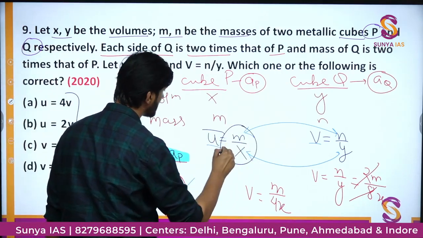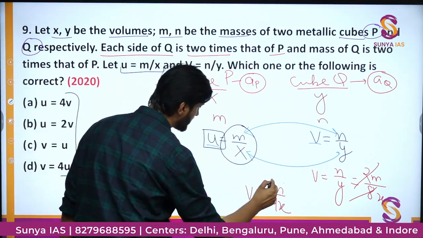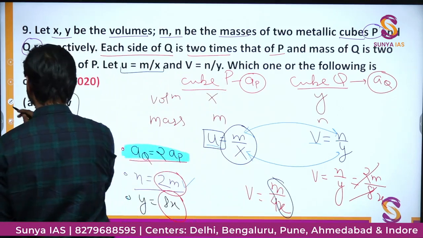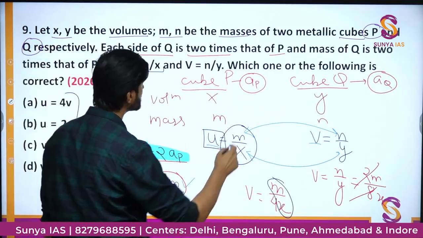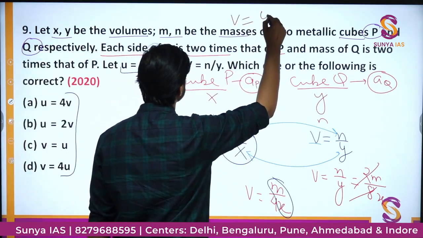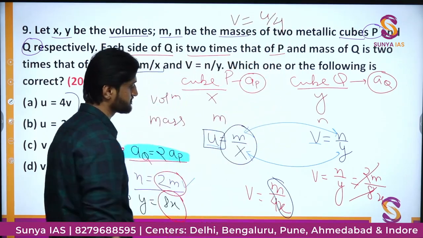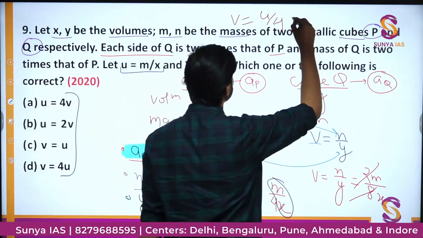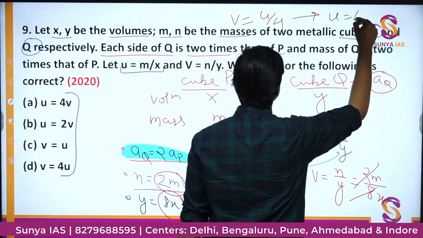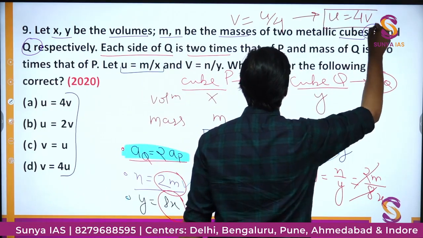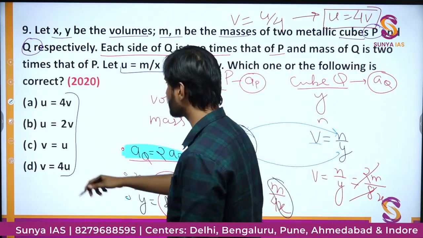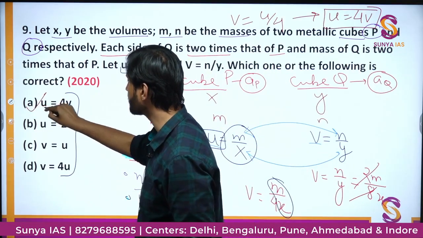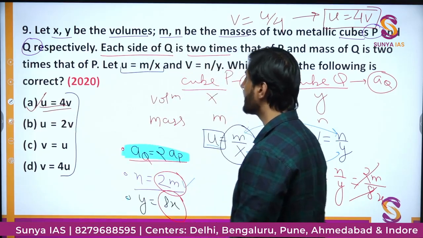It is nothing but equal to U. So this value given here, M by X, is nothing but U. So one can say V is equal to U upon 4, right? And when we cross multiply 4 on the other side, we get U is equal to 4 times V. And therefore guys, this is the relation between U and V, that is option number A is the correct option in this case.